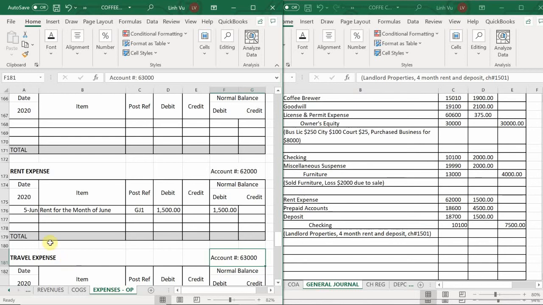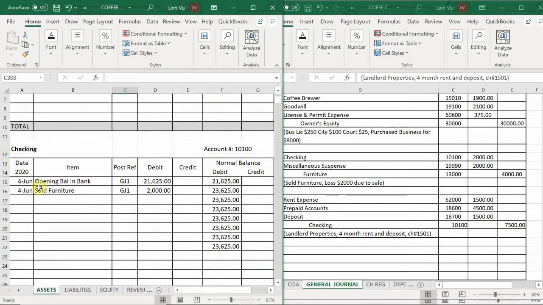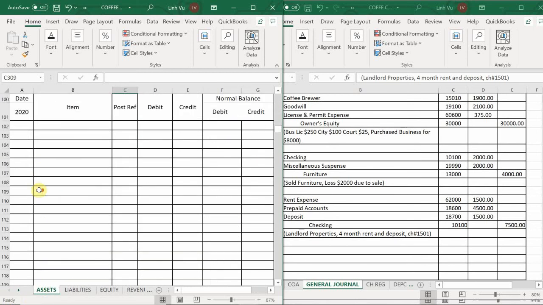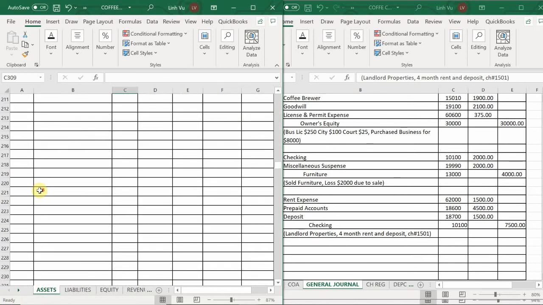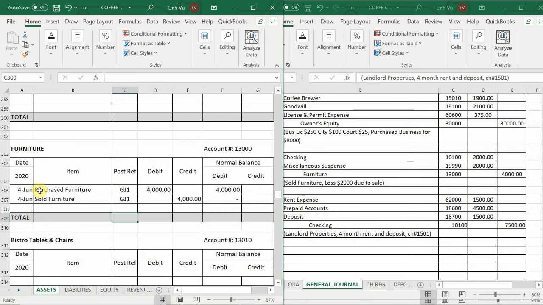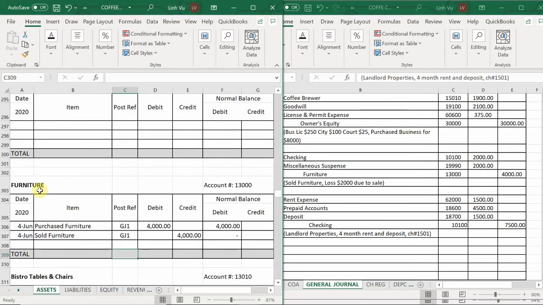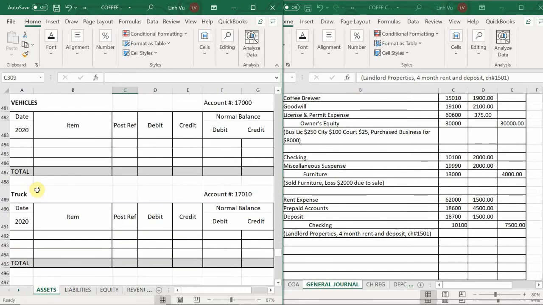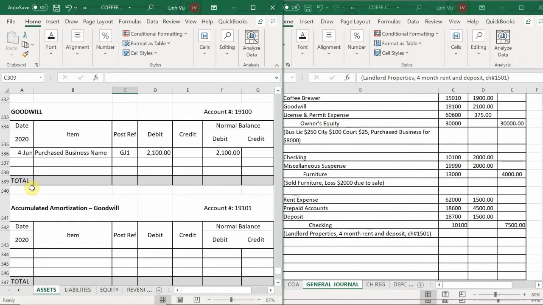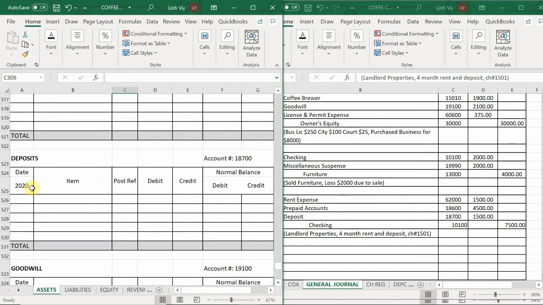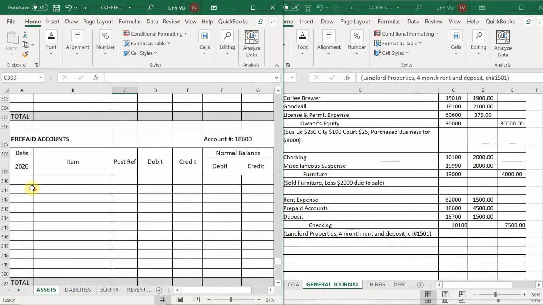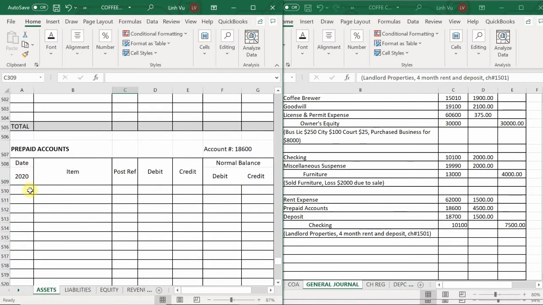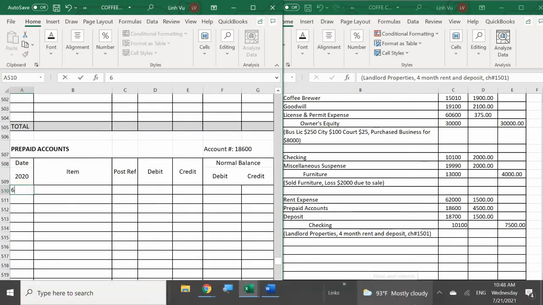Next is going to be my prepaid accounts. So go back to my assets. I'm going to locate my prepaid accounts. So it should be towards the very bottom. Okay, here we go. I got my deposits, prepaid accounts. All right, 6.5.